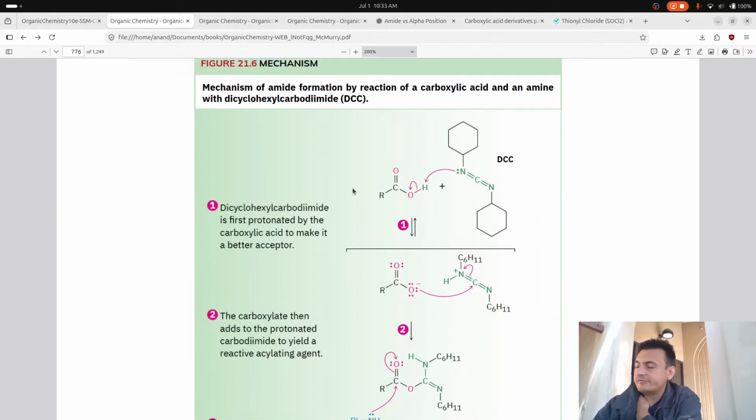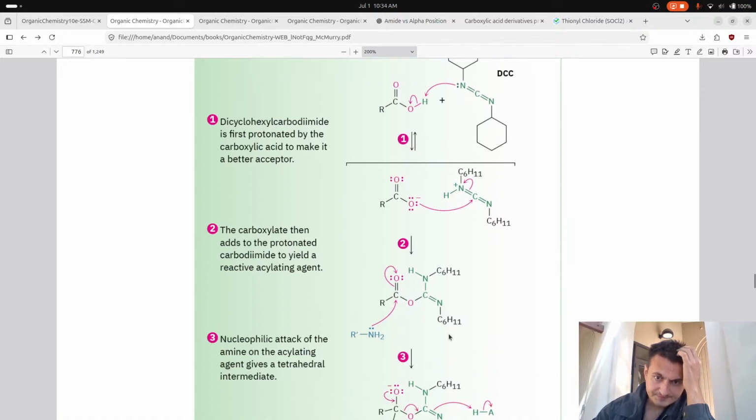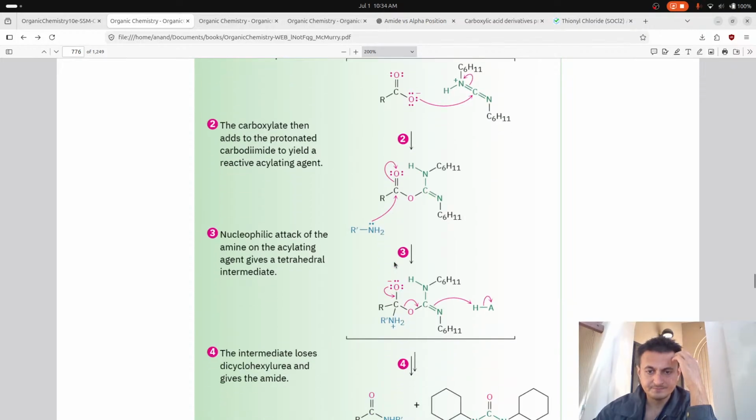All right, so we'll try to go over this a few times. So first, a nitrogen picks up a proton from the carboxylic acid. Then now we have a carboxylate. And the carboxylate then attacks the carbon. Then nucleophilic attack by the amine onto the carbonyl carbon forms an anion.